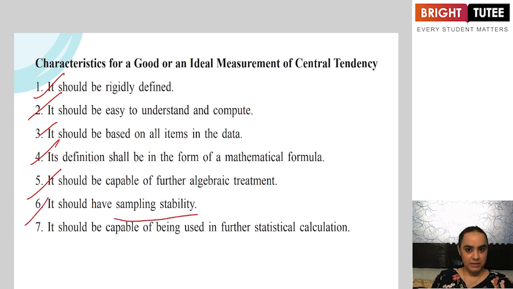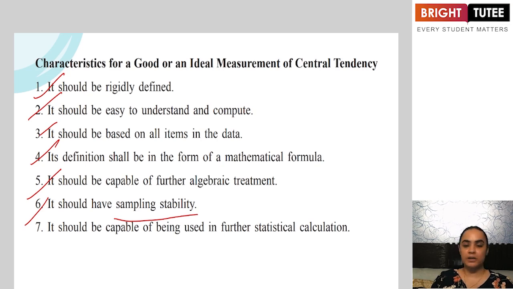Sampling stability means that on the basis of the single number that you have derived, you should be able to get an idea about the entire group that was there in your study. I cannot consider each and everything in detail, right? If the group of students right now was 40, what if it was 100? I cannot calculate and keep on writing and everything for individual students.